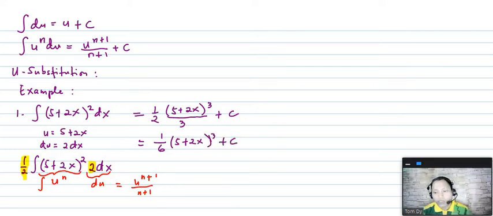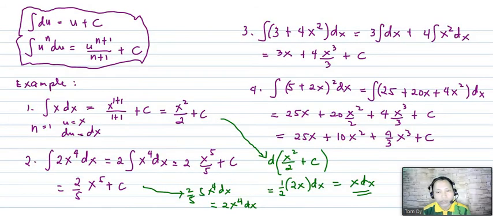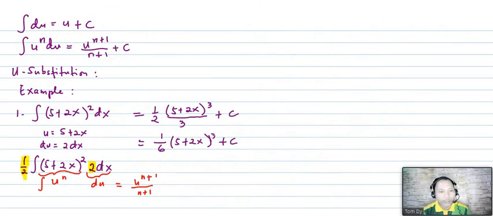If we look at our value in our previous problem, we have this one: 25x plus 10x squared plus 4/3 x cubed. If you have noticed, this is raised to x cubed. If we expand this one raised to 3, we will arrive at that equation with x cubed.